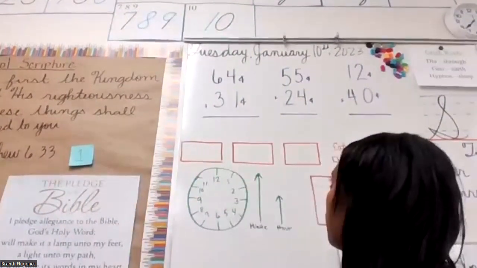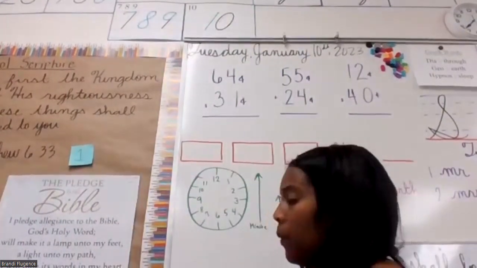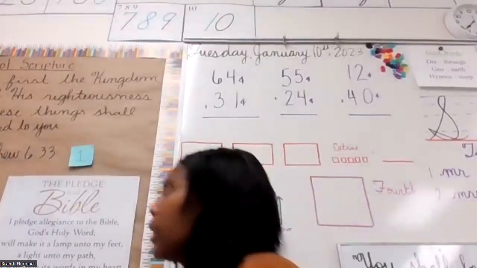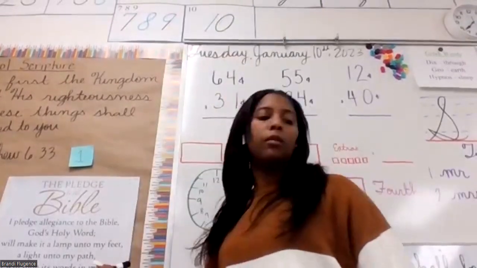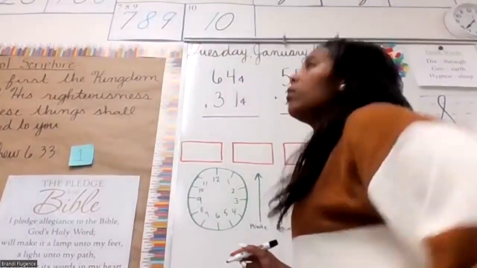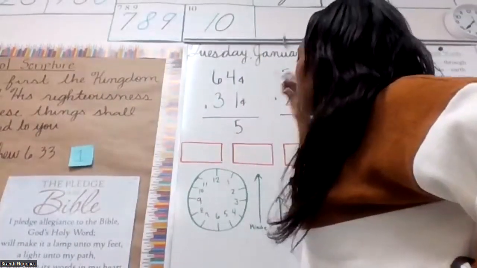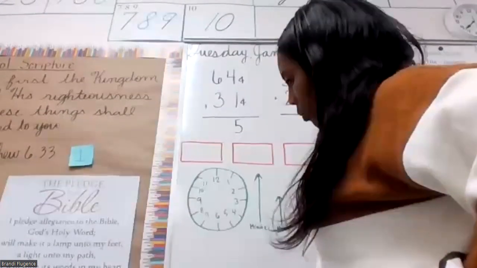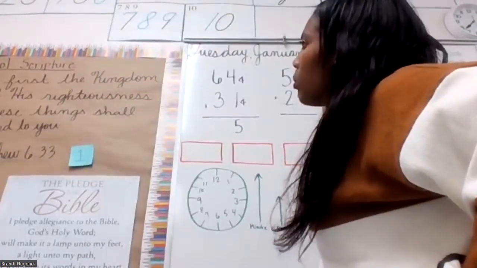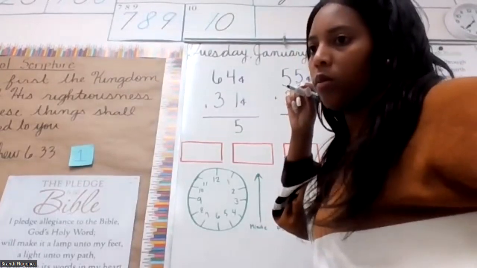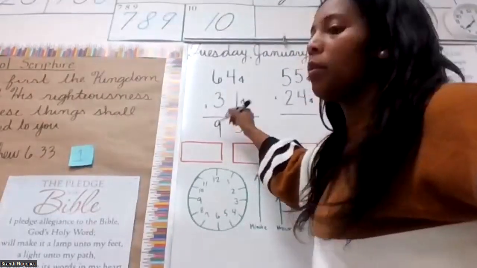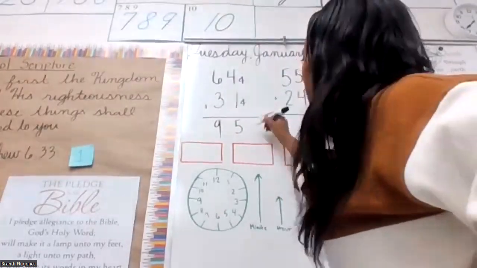So our first one is 64 plus 31. Anybody want to add this one for us? Okay, Asa, go ahead. How would we add this one up? 4 plus 1 equals 5. 6 plus 3 is 9. You were supposed to add them before, not while we're doing it.